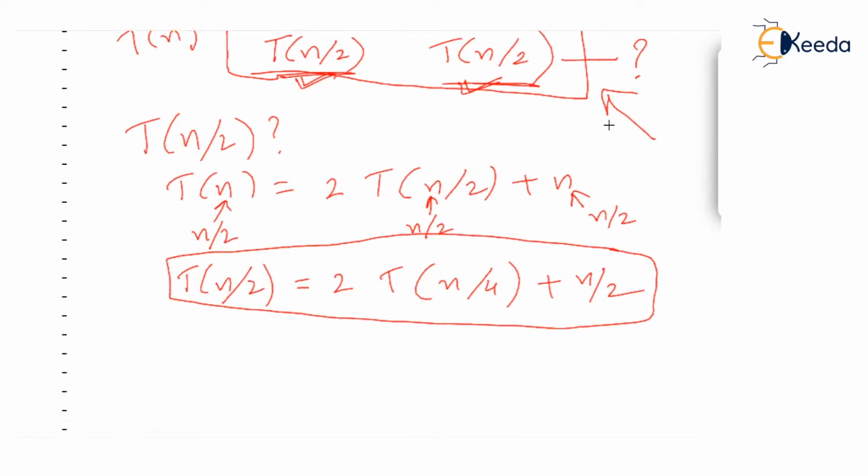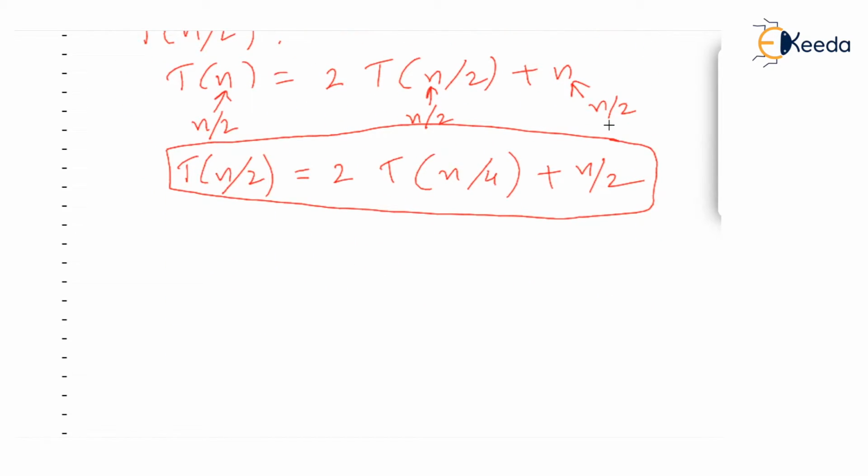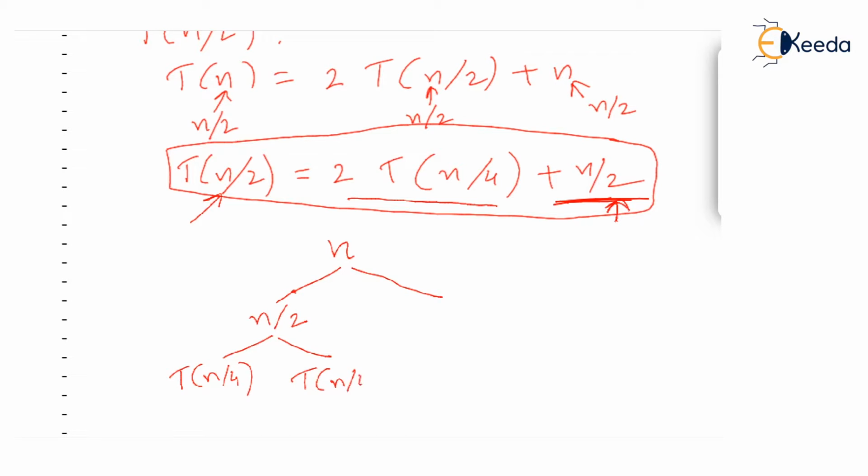Now, can you understand how the tree which was drawn by us will get extended? The tree had n as root. It still remains the root, and it had two children, T(n/2) and T(n/2). But then what is T(n/2)? T(n/2) is 2T(n/4) plus n/2. Now look at this. This is the additive term n/2, so we will write n/2 getting added with T(n/4), T(n/4). What is this section?